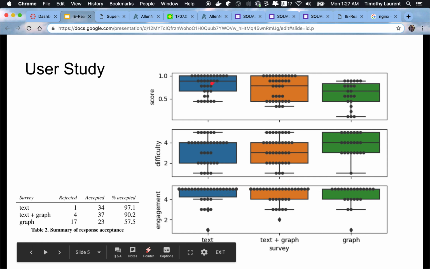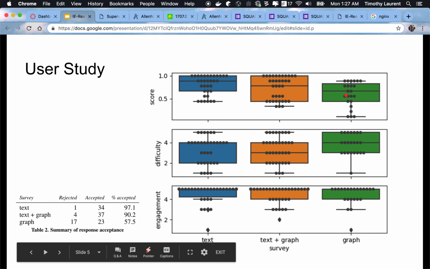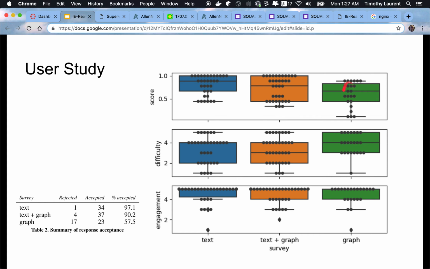Over here we can see the distribution of scores. These are box plots with a swarm plot, so you can see the individual scores. There are only 9 questions, so there's only 9 grades for the scores. I did some statistics, and there was no real statistically significant difference between these populations, other than the scores were lower in the graph only.